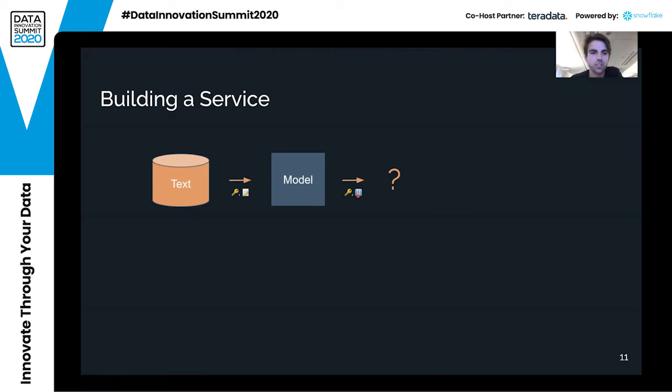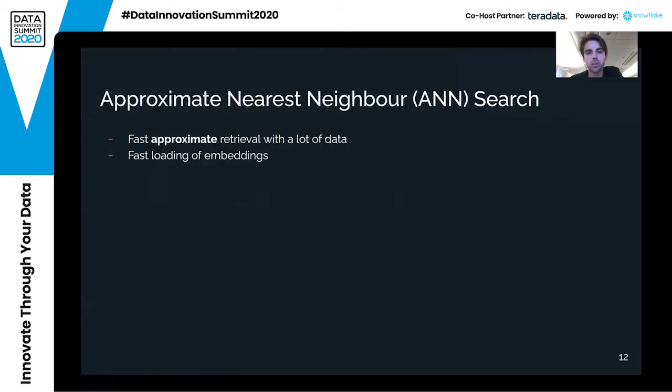That's the next question. The naive way of storing these embeddings would just be in NumPy arrays. That works okay if you have small data, but it is better to store those in approximate nearest neighbor search indices.